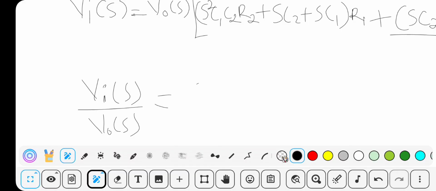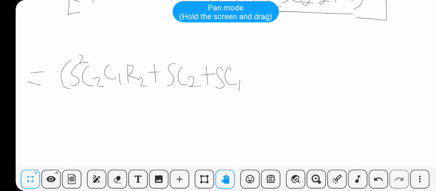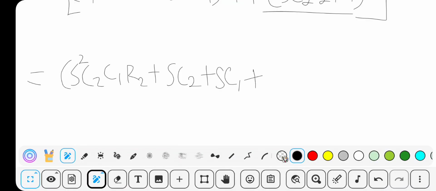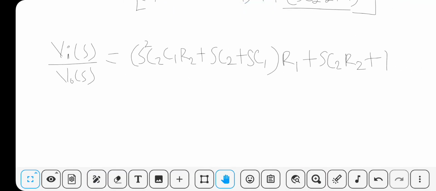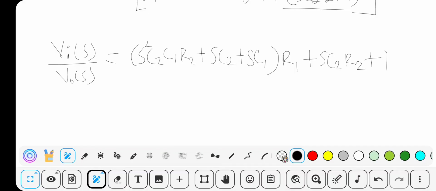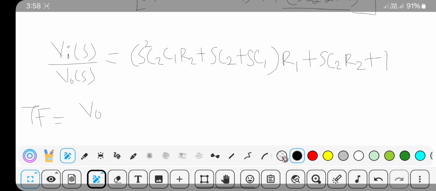This should be S squared C1 R2 plus SC2 plus SC1 times R1 plus SC2 R2 plus 1. So now we can get the transfer function. The inverse of this will give you the transfer function.